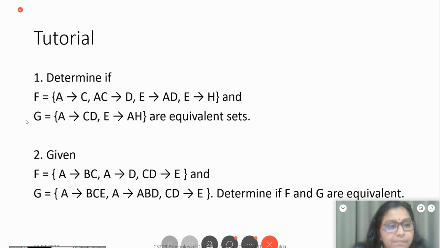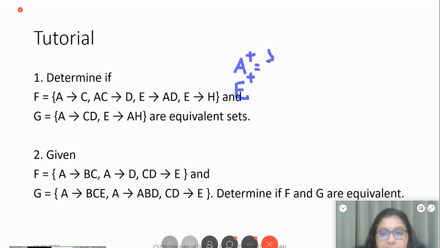Let's see. First, for the first FD set, I have to prove that F covers G, isn't it? So for that, I will find the attribute closure of A and the attribute closure of E, because these are the two attributes that come on the left hand side of my FDs in G. So attribute closure of A, but this I have to find with respect to the FD rules in F. So A is a member, then A determines C, so C is a member.